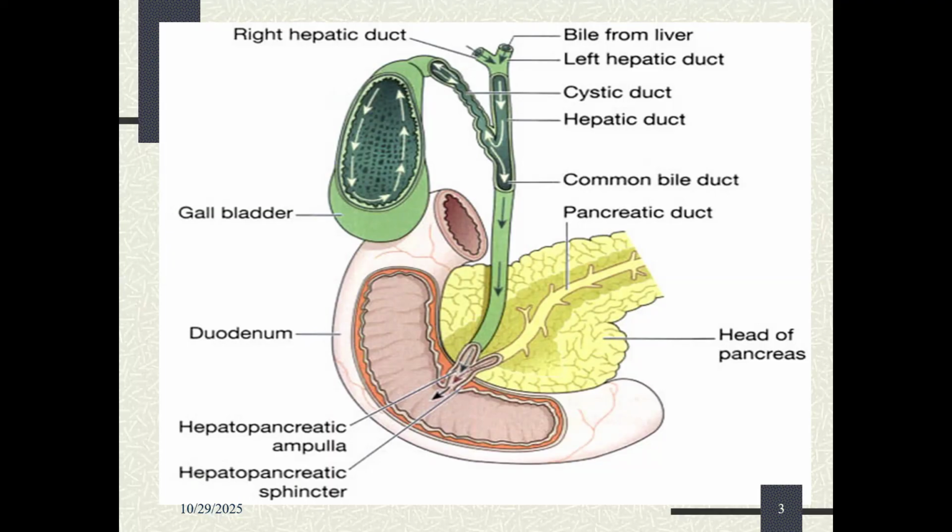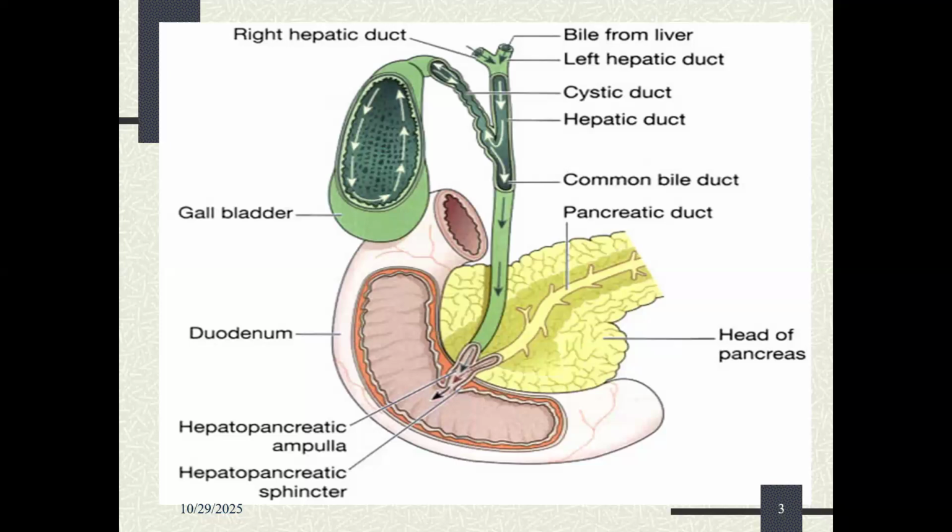But we are also saying that there's an enzyme which we are calling the CCK. This enzyme is only produced when a fatty chyme enters the duodenum, and it will be released in the blood.